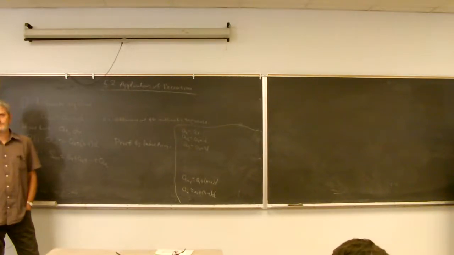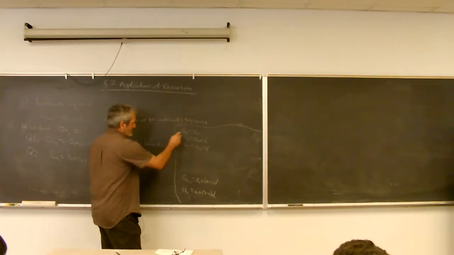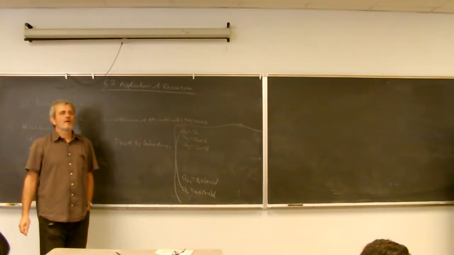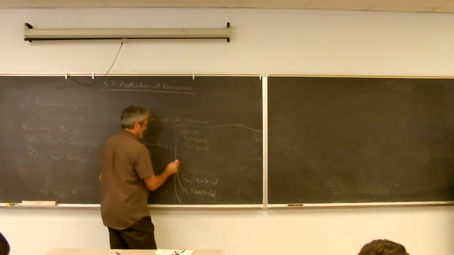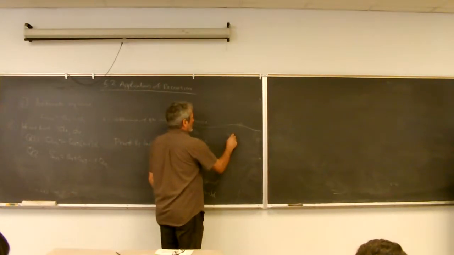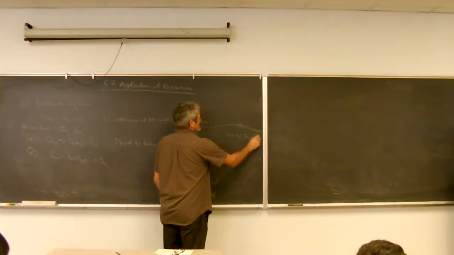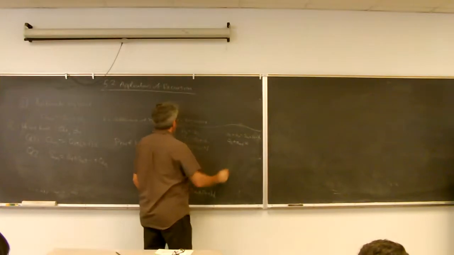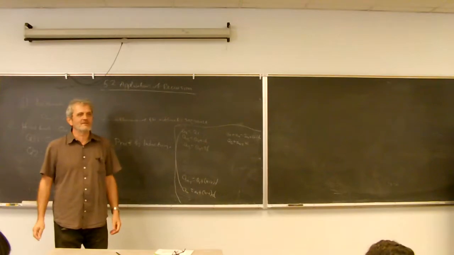Then what happens? If you look at the first and the last member, what is their sum? 2a_1. So a_1 plus a_n is 2a_1 plus (n minus 1)d. What about a_2 plus a_{n-1}? Here I go up by 1 and here I go down by 1.